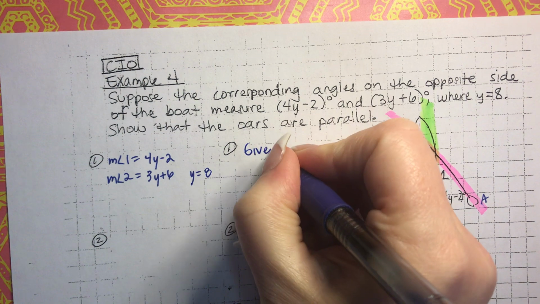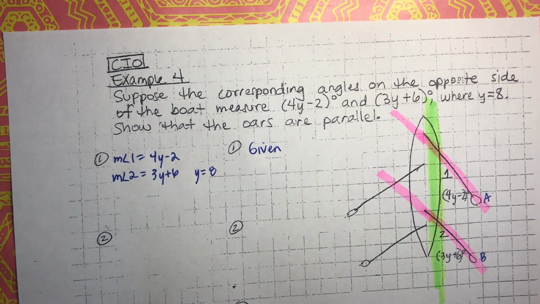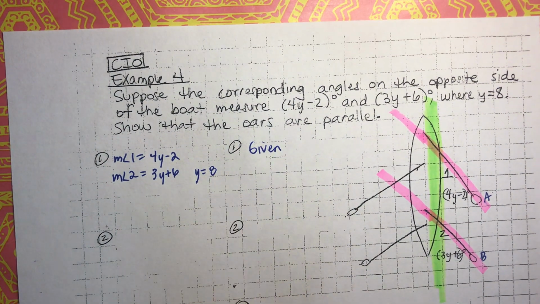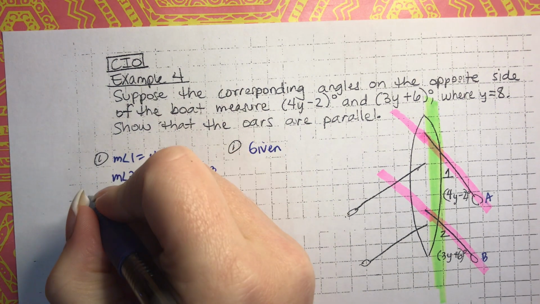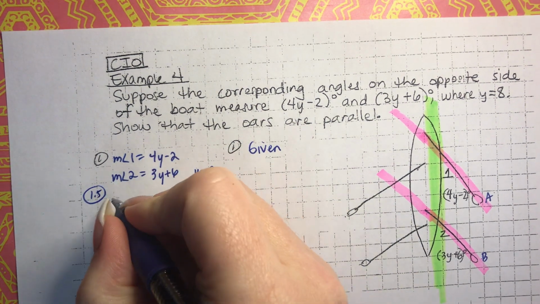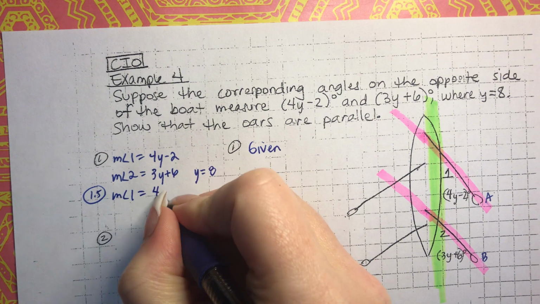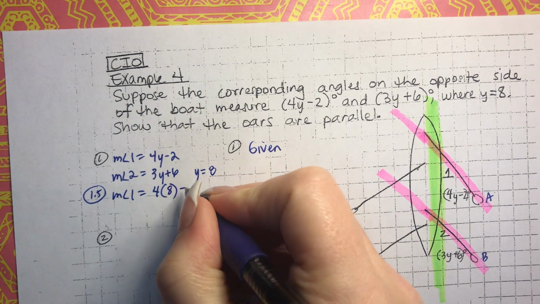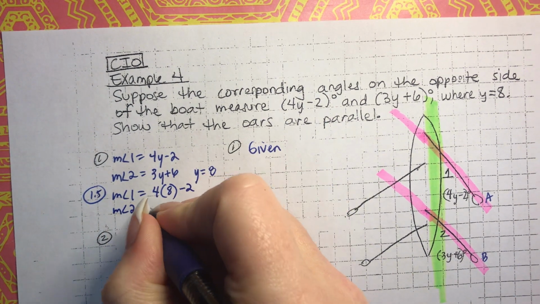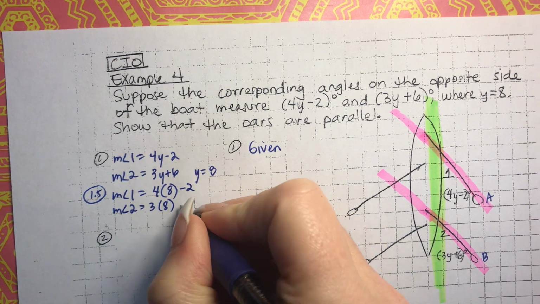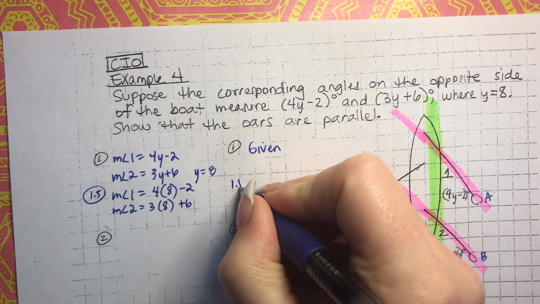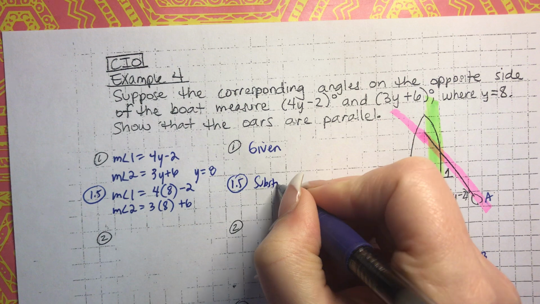That's given information. Then we're just going to substitute it in, right? So I'm going to call this 1.5. Measure of angle 1 is equal to 4 times 8 minus 2. Measure of angle 2 is equal to 3 times 8 plus 6. So that is substitution.